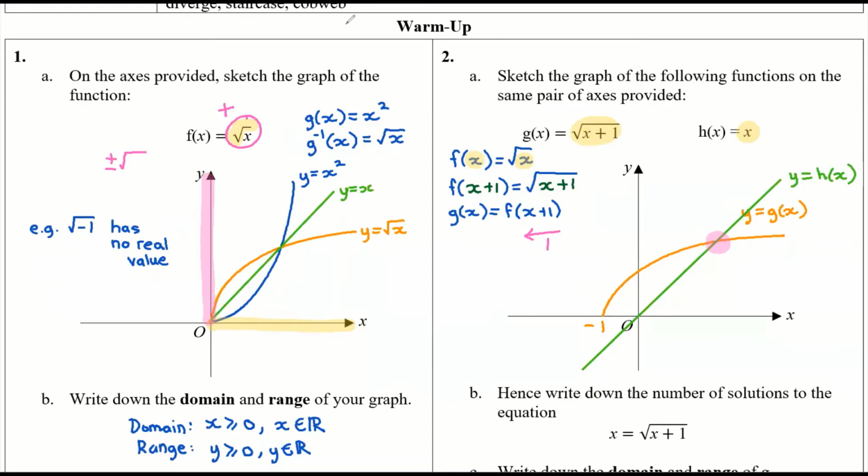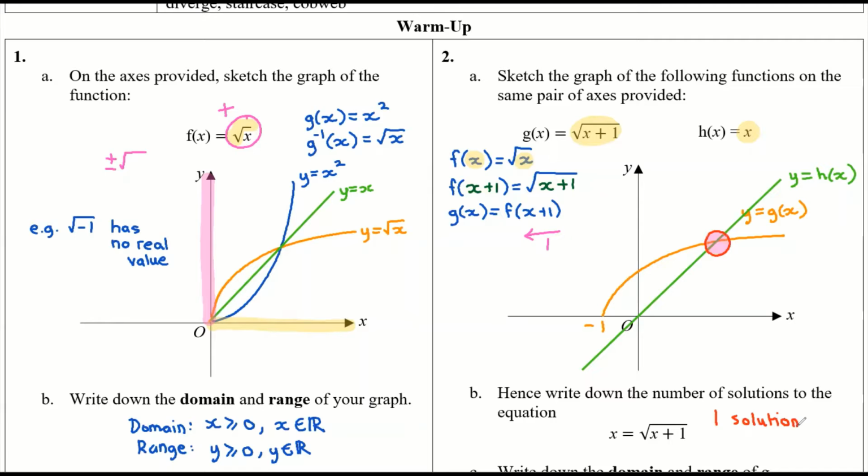So there is only one solution to this. They're going to diverge after that point of intersection, and we can also see that g of x is not defined for any x values less than -1. And that leads us on to our third part of the question, which we'll do in a second. So we've just got to write down the number of solutions. Well, there is, of course, just one solution.